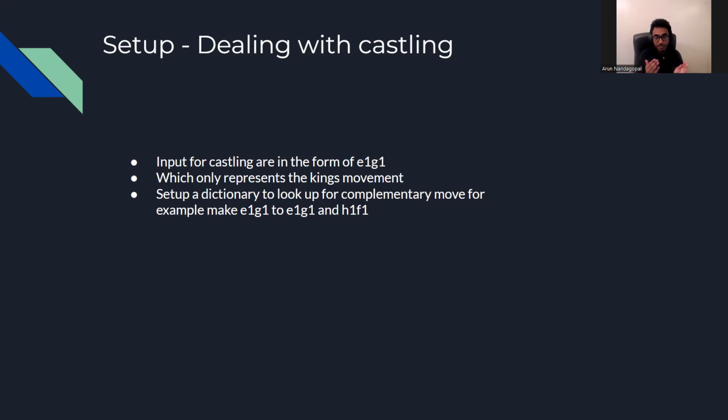That is, we make E1 G1, which is just one move, into two different moves, which is E1 G1 and H1 F1. I implemented this using dictionaries. You're free to do it how you want, but this is how we deal with the scenario of castling.